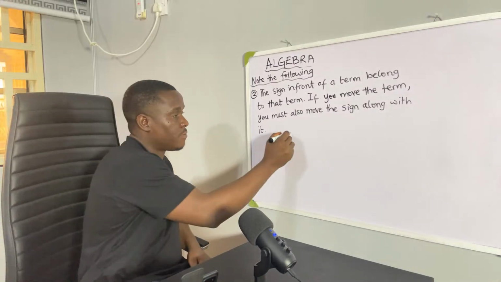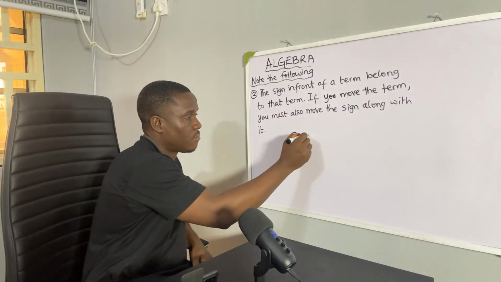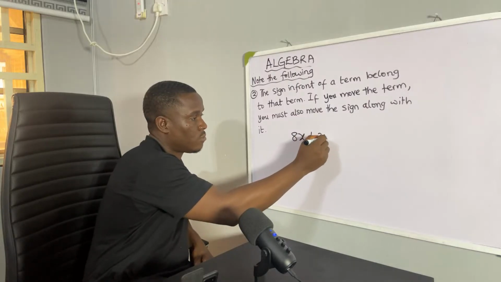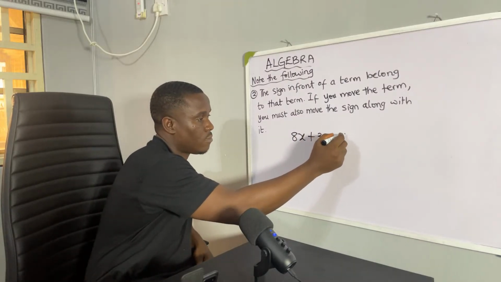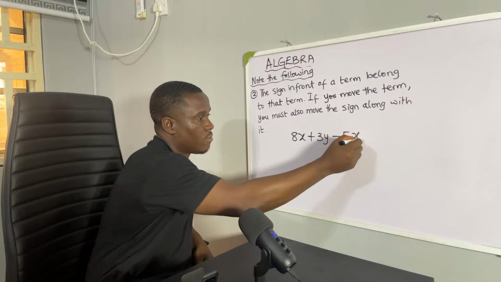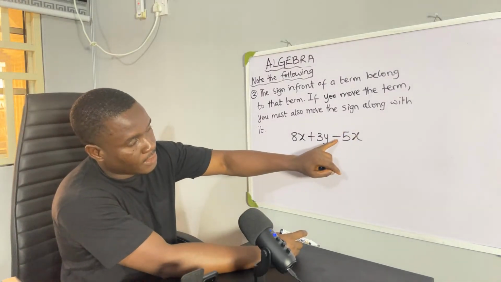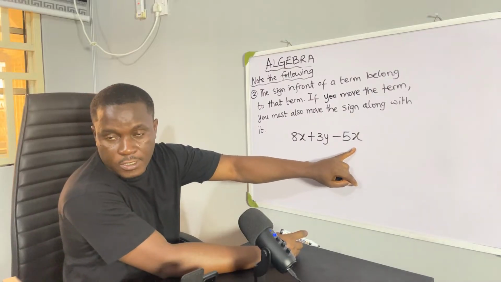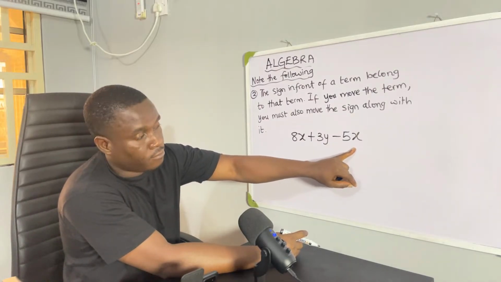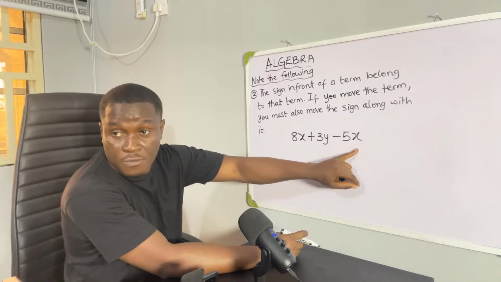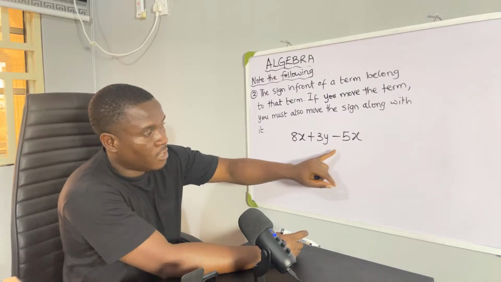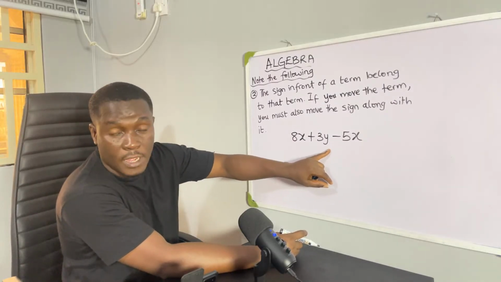So if I have, we can see that there's a negative in front of 5x. This negative sign belongs to 5x. There's a positive in front of 3y.